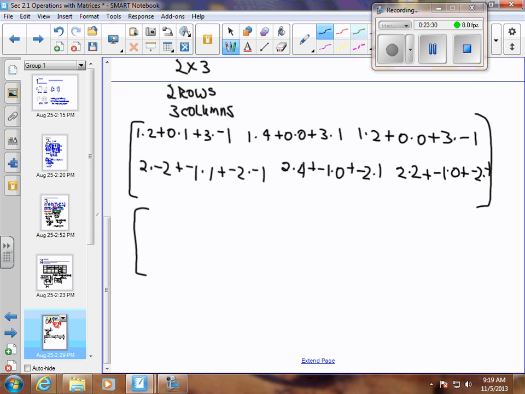So you have 2, 0, and negative 3, 4, 0, and 3, 2, 0, and negative 3, negative 4, negative 1, and 2, so negative 5 and 2, 8, 0, and negative 2, 4, 0, and 2.